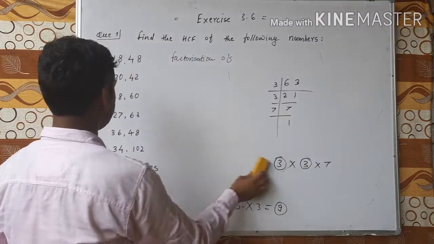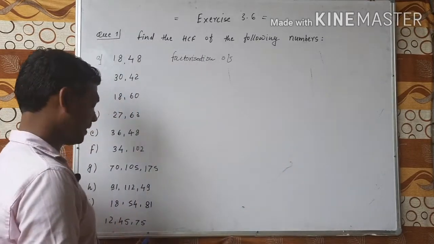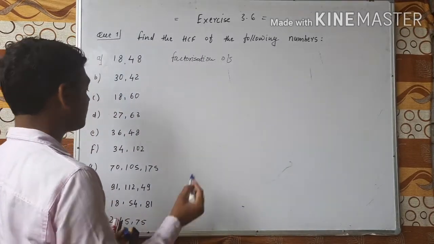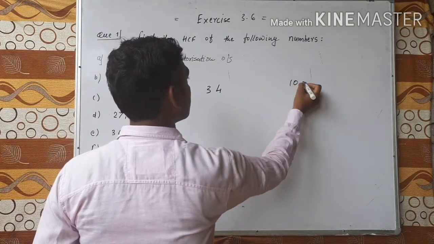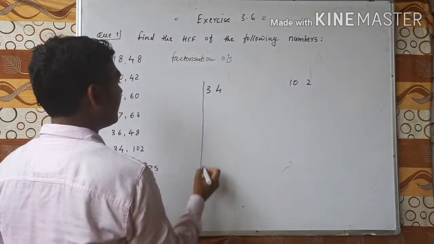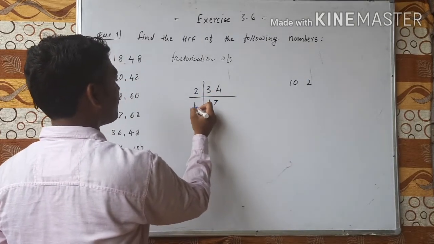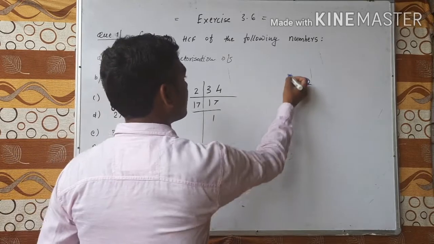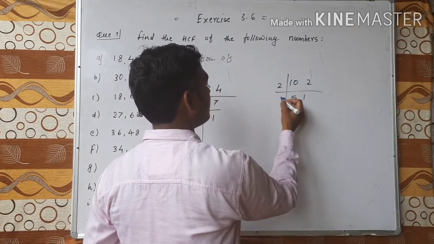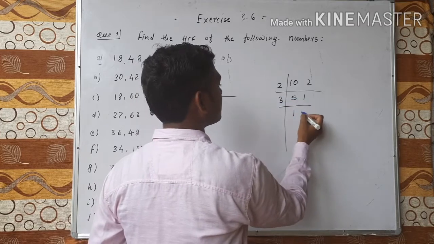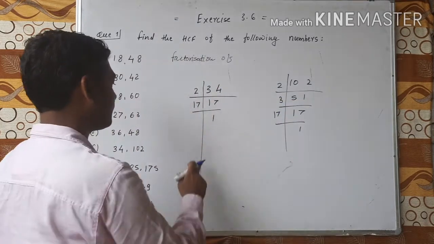On question number E, that is again the same calculation of highest common factor. The first one is 34, the second one is 102. So again find out their factors one by one. 2 17 times, 17 1 times, and 2 51 times, 3 17 times, 17 1 times.